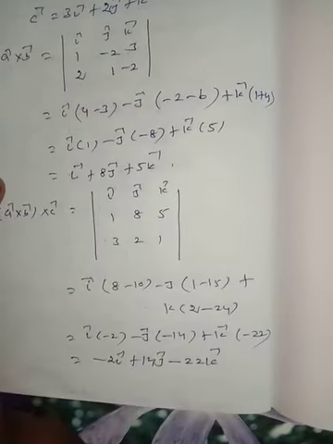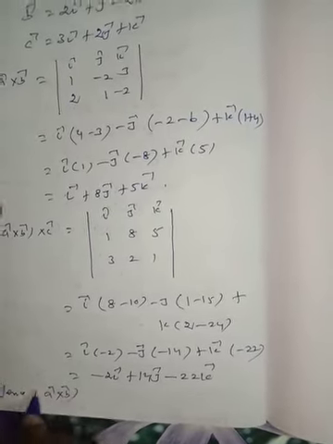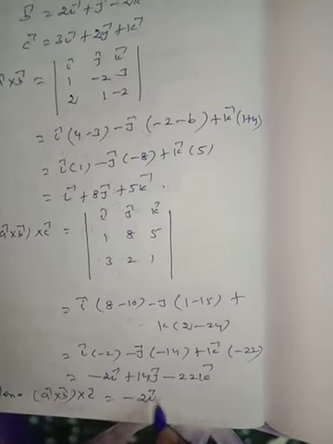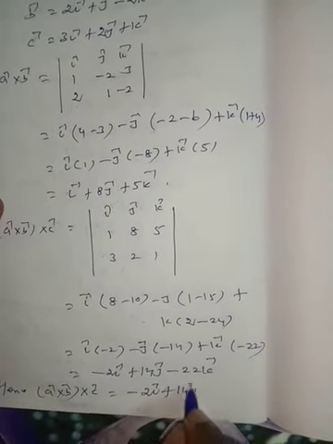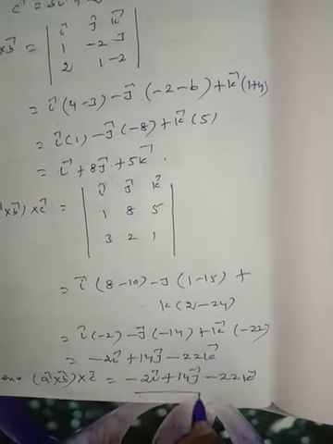Hence A cross B cross C is equal to minus 2i vector plus 14j vector minus 22k vector. Hence the result.